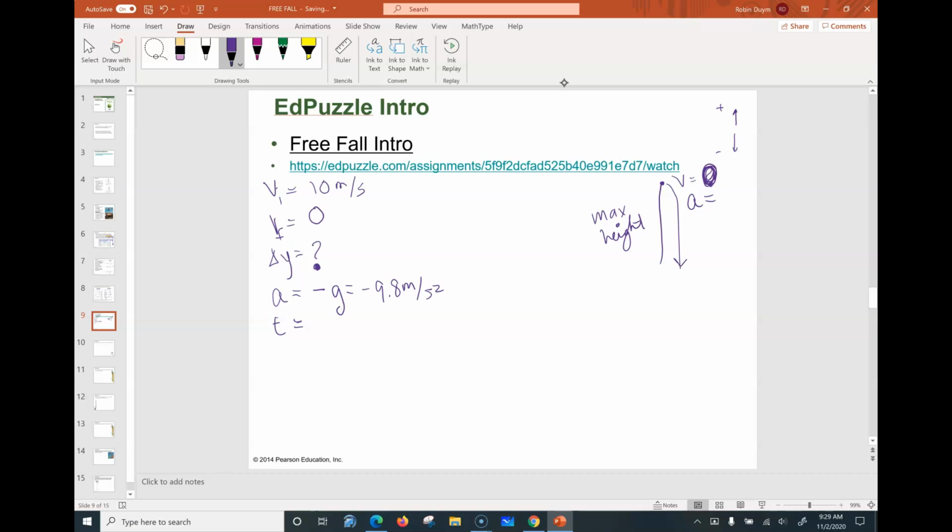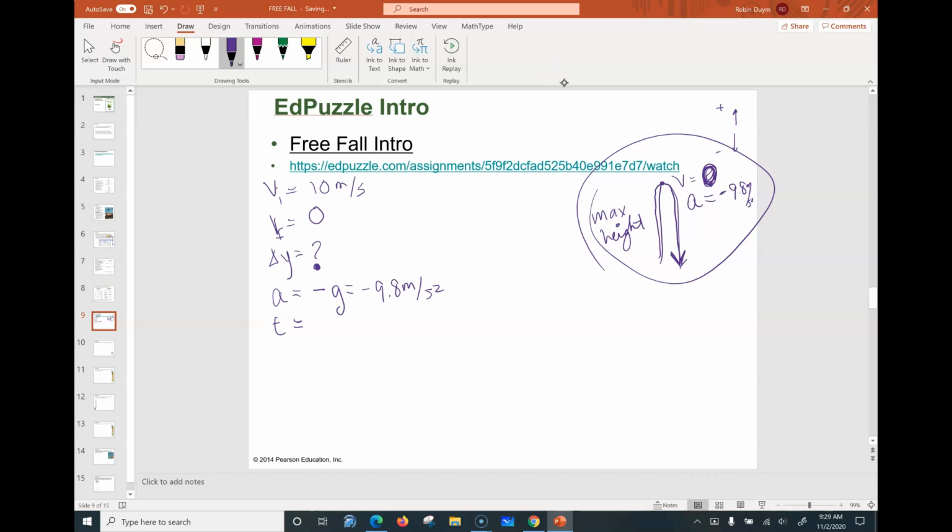The force of gravity is always acting, so the acceleration due to gravity is always acting, and it's negative 9.8 meters per second squared. In fact, the acceleration along this whole entire path is exactly the same. It is always negative 9.8 meters per second squared everywhere. And we'll look at another problem and really dissect that. But for now, make sure you have that somewhere in your notebook so you can refer to it.